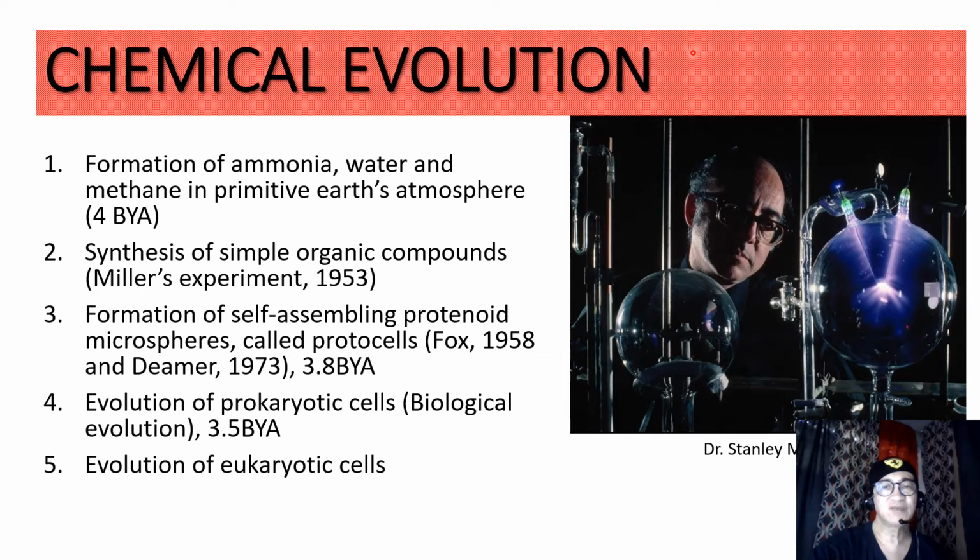More rapidly replicating and more successful systems were favored, thereby gradually evolving the first cells, the prokaryotic cells, about 3.5 billion years ago. The prokaryotic cells are distinguished from eukaryotic cells, like animal cells, because these cells are smaller and they have no nucleus.